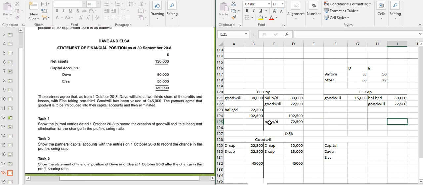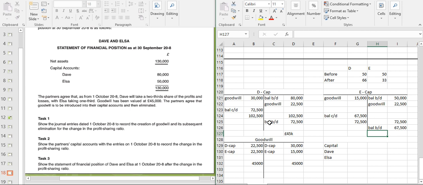Let's do the same for Elsa. 72,500, 72,500, and the difference above is 67.5. That is my balance carried down, and my balance brought down is 67,500.